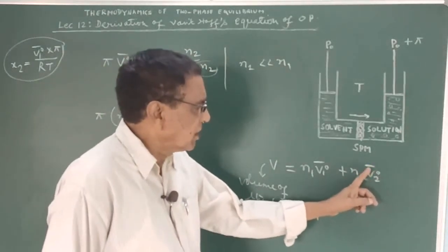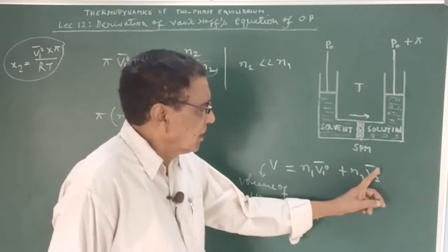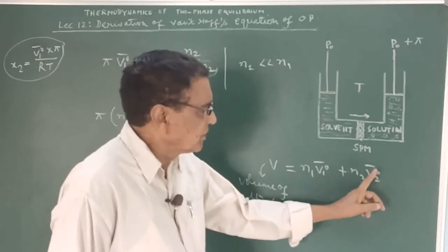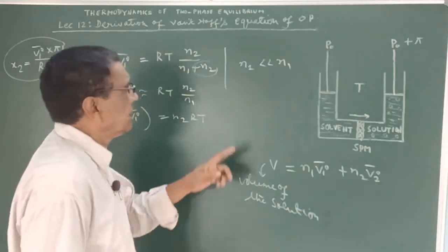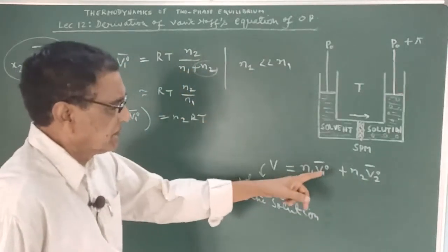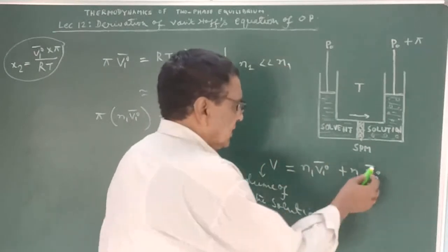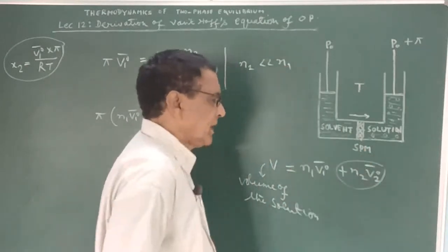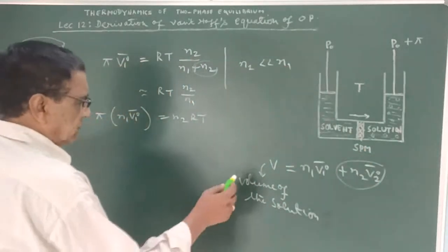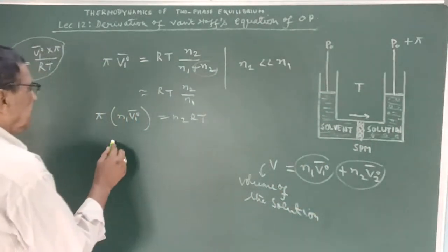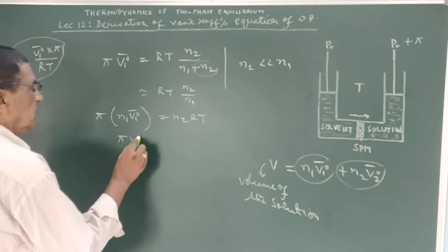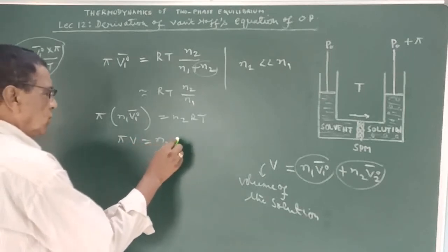V2 bar naught is the molar volume of the solute. Again, since N2 is much smaller than N1, this would be neglected approximately, and this is the volume of the solution. So we can write here pi V equals N2 RT.